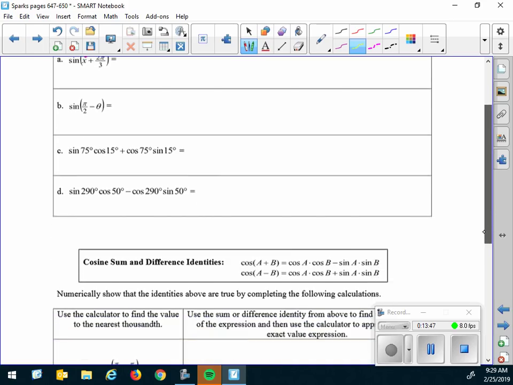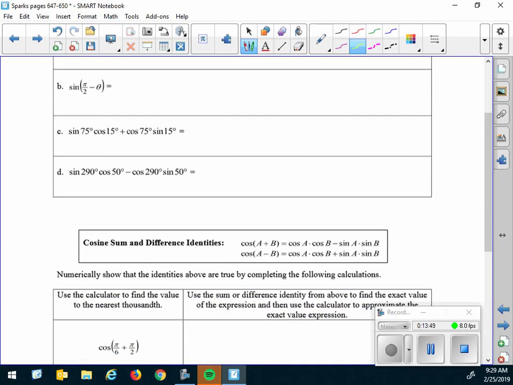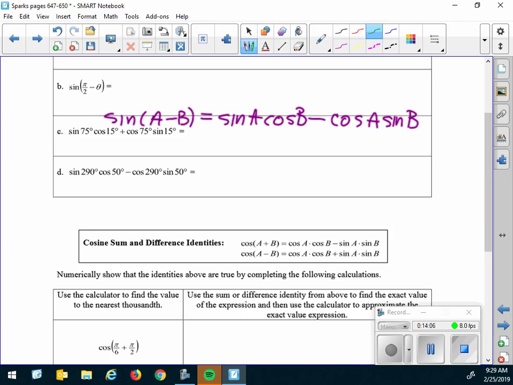Sine of pi over 2 minus theta. Sine of a minus b is the sine of the first, cosine of the second, minus cosine of the first, sine of the second. So A is pi over 2 and B is theta.